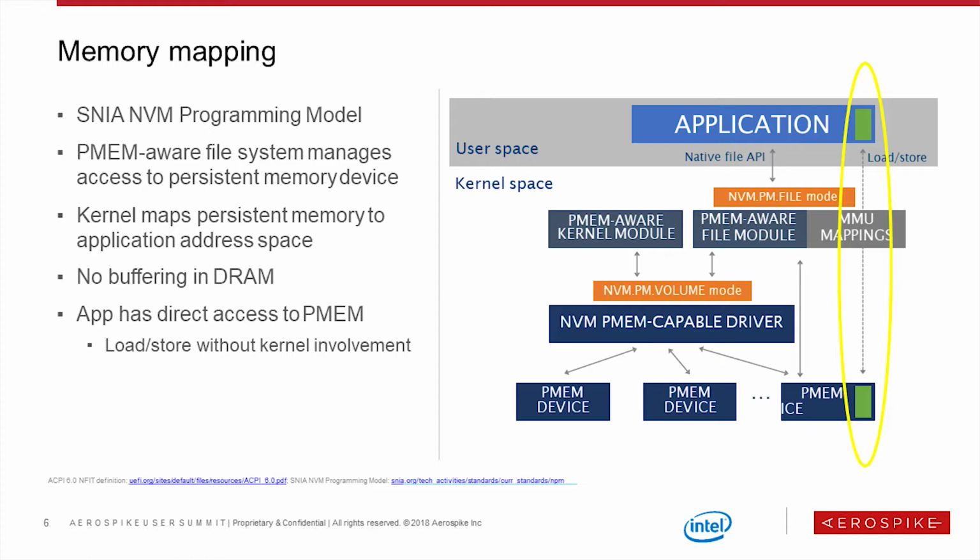So you do have a persistent memory-aware file system that's doing some management behind the scenes to access the device. But when you have a file that you open on your persistent memory device, all you have to do is map the persistent memory to the application address space. If you're familiar with mmap, it's very similar to that.